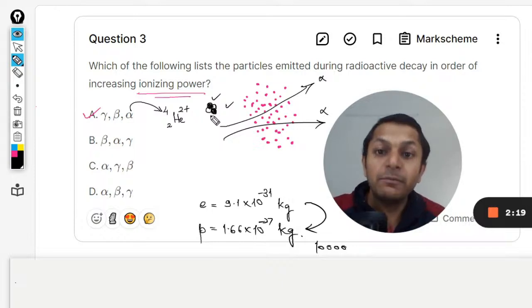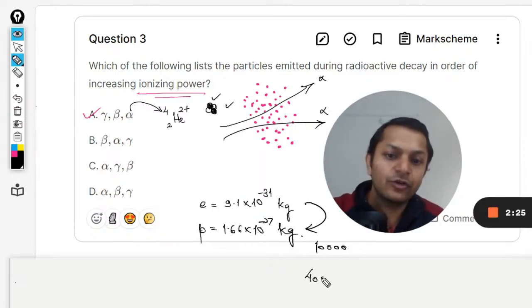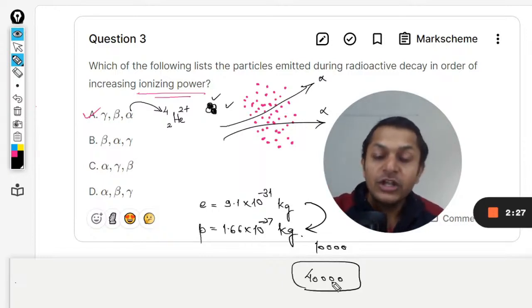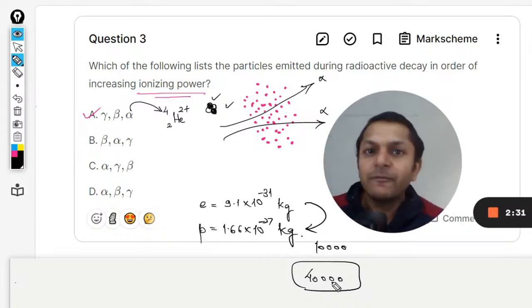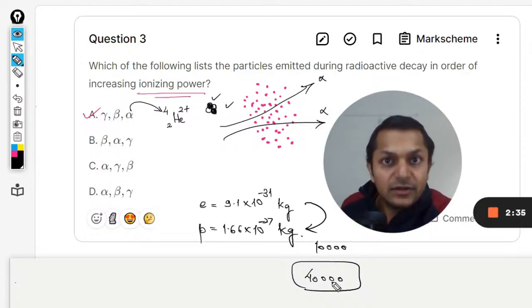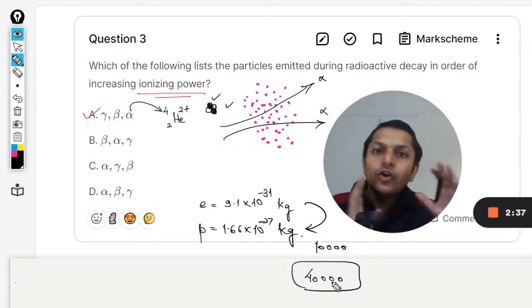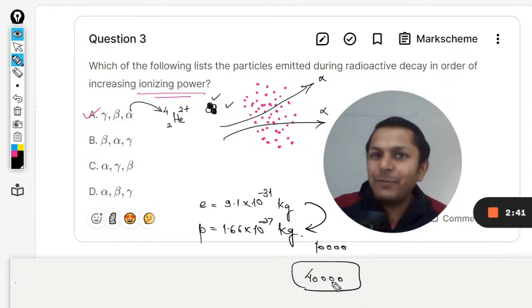We can say that the mass of alpha is 40,000 times more than the electron. Just try to imagine a 1 kg block and a truck which is 40,000 kgs colliding with it. What will happen to that 1 kg?